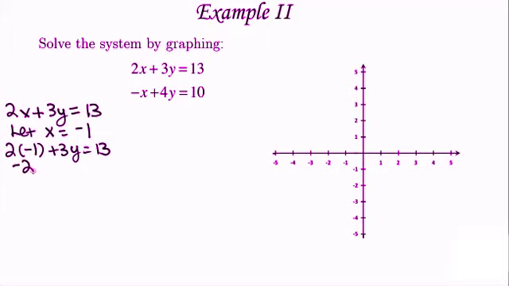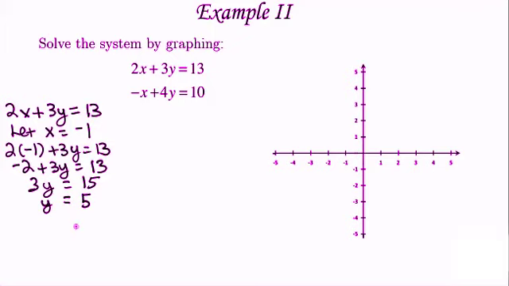That gives me -2 plus 3y equals 13. I'm going to add 2 to both sides, which will give me 3y equals 15, and then divide both sides by 3 to isolate the y, and I have my first point.